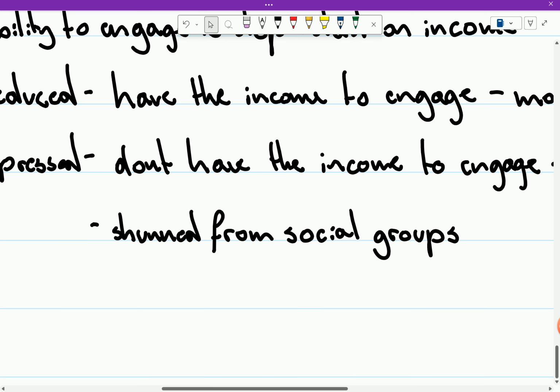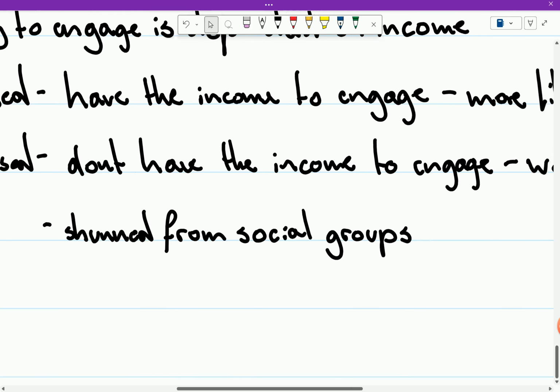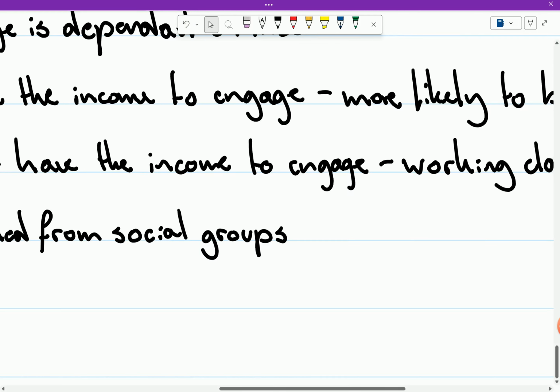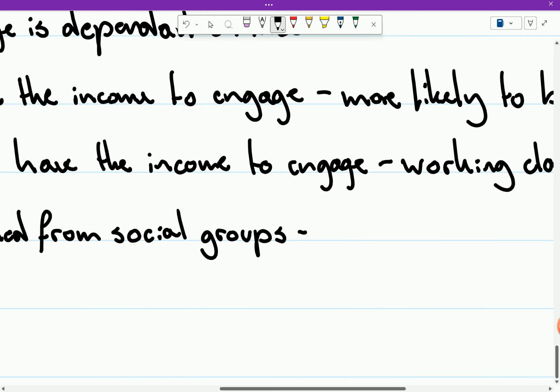So they can either continue as they are and not engage at all, and then they're shunned. And the reason why they're shunned is because they can't fit in with what everyone else has.